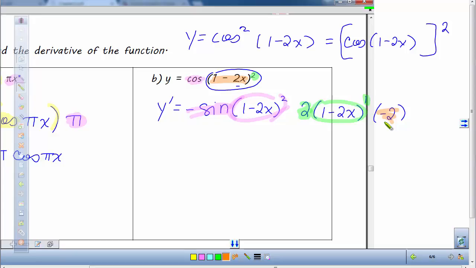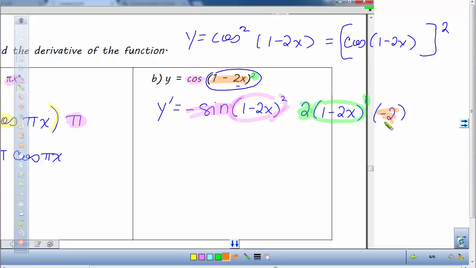It's like we're doing half of a power rule and then the chain rule. Well, not really half of it. We used the power rule when we had a power. I didn't use the power rule here because there was no power on this piece. But when I got here, I had a power, so that's when I had to use the power rule. Do you see the product rule? Half of a product rule and then the chain rule?